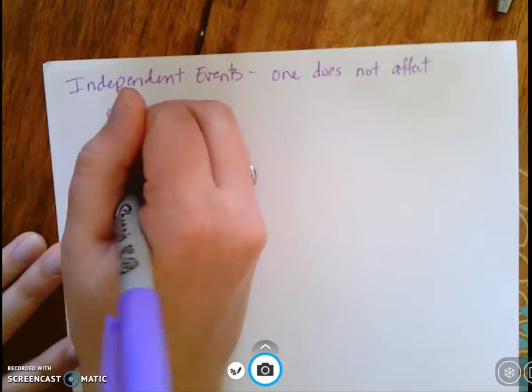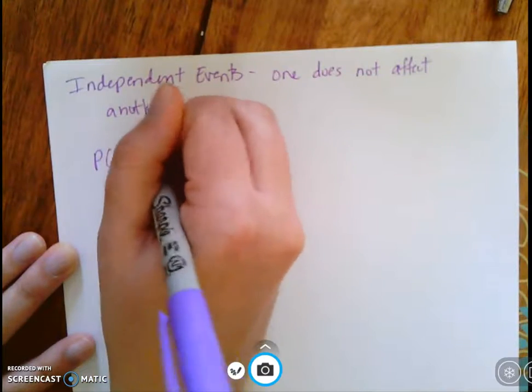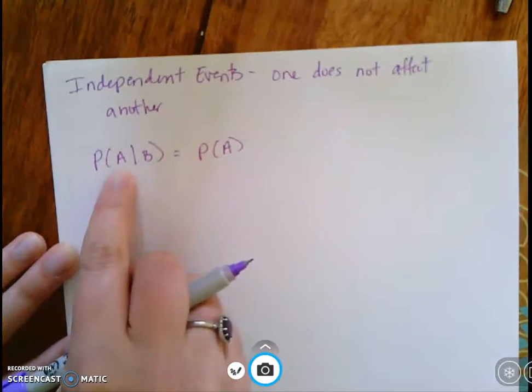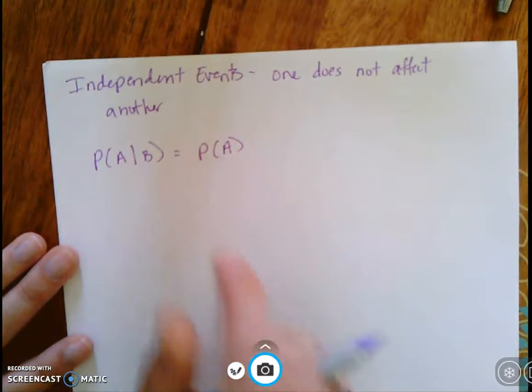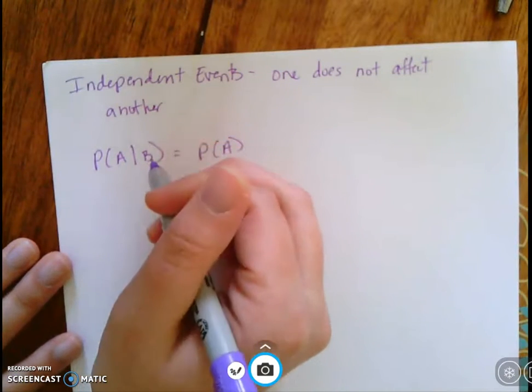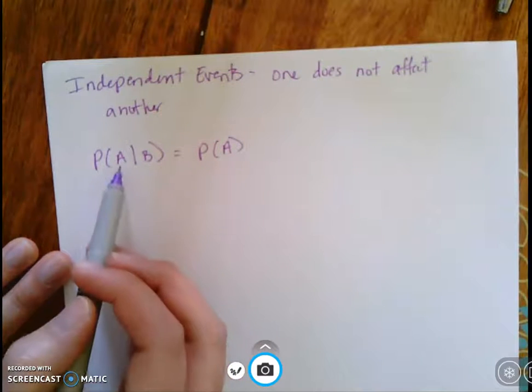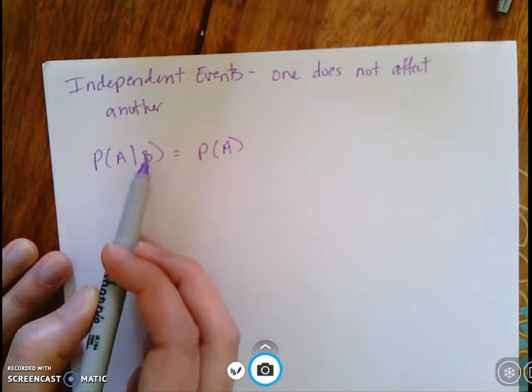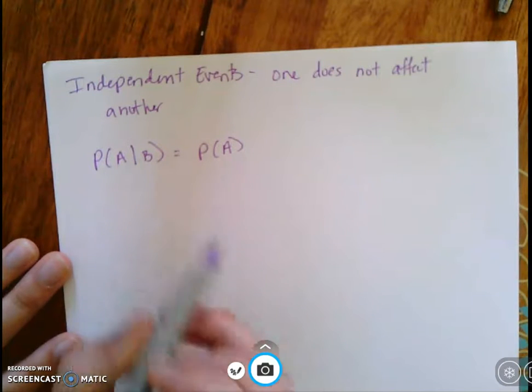It's the probability of event A given event B should equal the probability of event A. Notice the first letter here should match the first letter here. This just means if we know an event has occurred, for instance, you drew a card, but then you put it back, the chance of drawing another card is not affected by B. So whatever happened here does not matter because it doesn't affect it, that's independent.